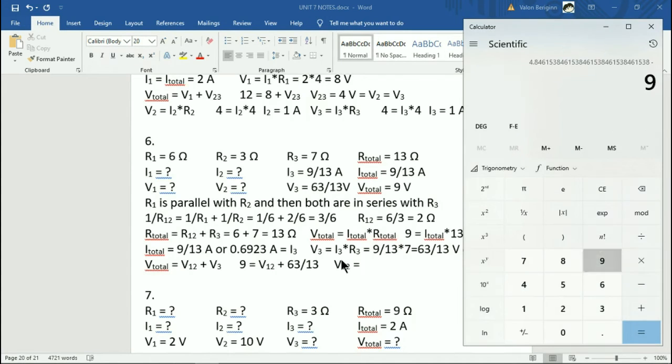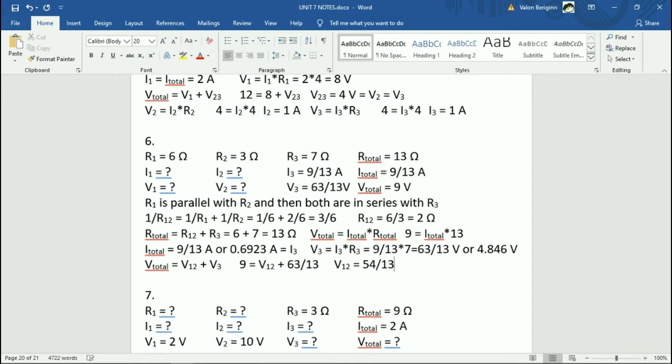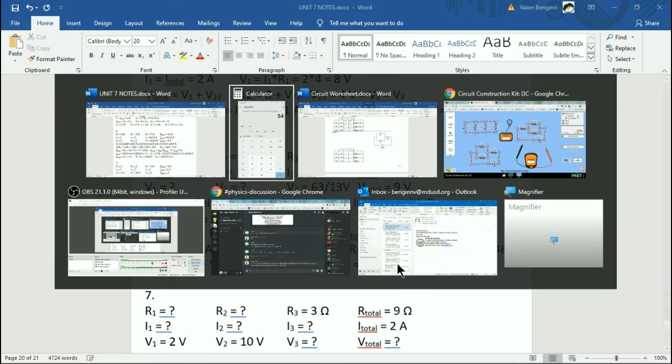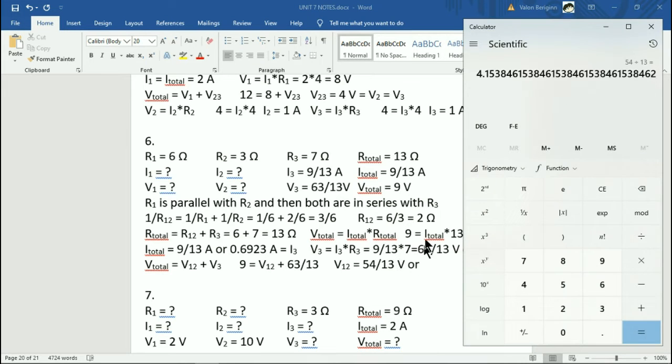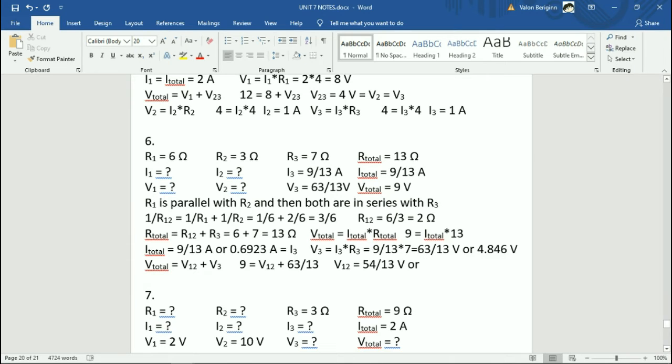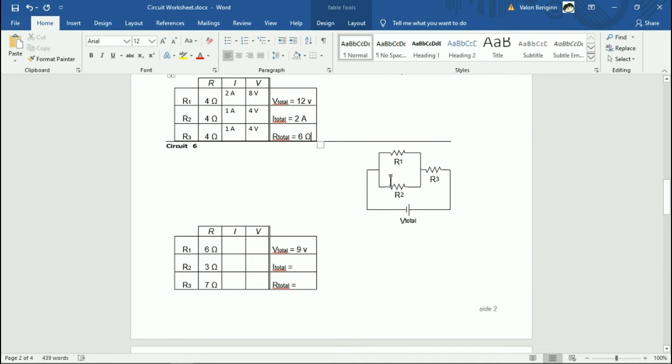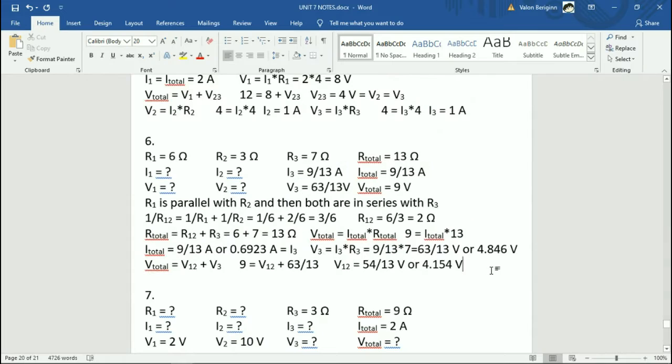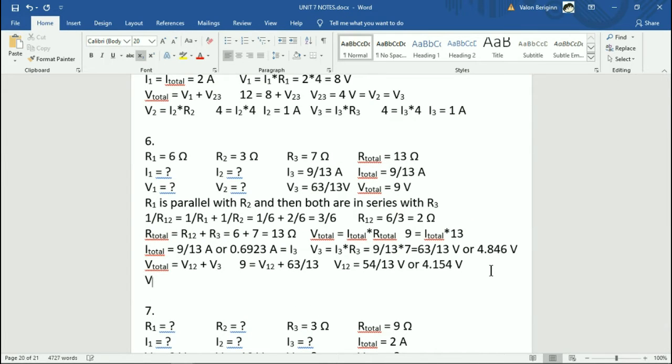The positive version of this, which is 54/13, about 4.154. And since this is the parallel piece, the voltages are equal.